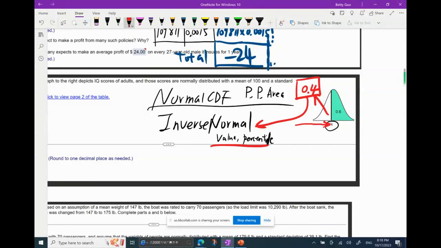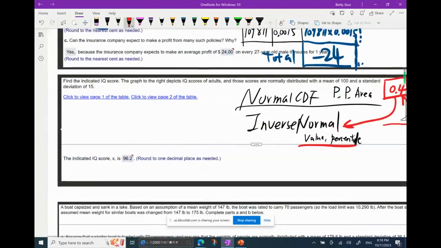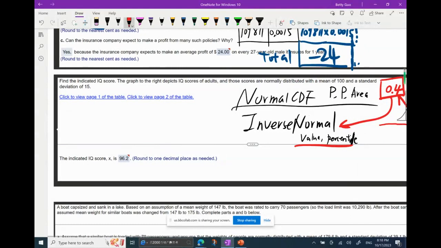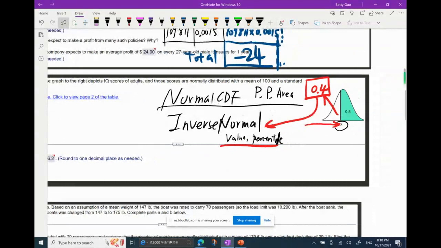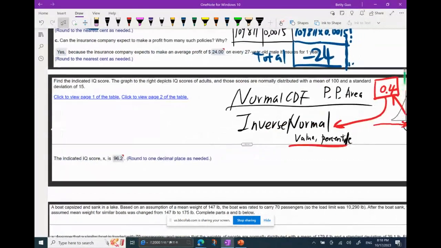And your mu, what's the mu? Oh, it's here. Mean is 100, so enter 100. Sigma, 15, so enter 15. Paste. There we go.